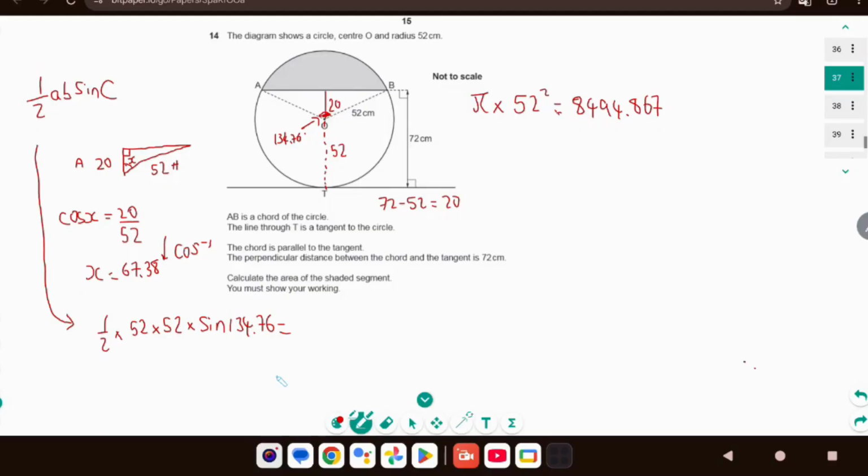That gives me 960 centimetres squared for the area of the triangle.